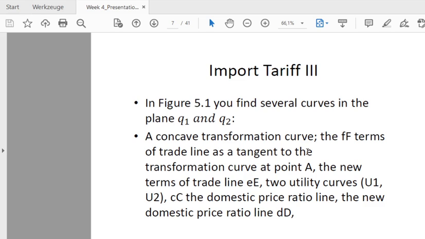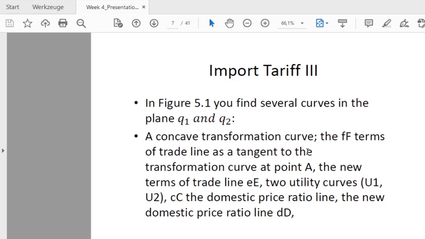You find a terms of trade line, lowercase f and uppercase F, as a tangent to the transformation curve at point capital A. Then you also find the trade line EE, small e, capital E. You find two utility curves, U1 and U2.